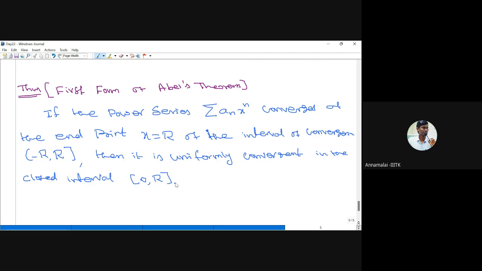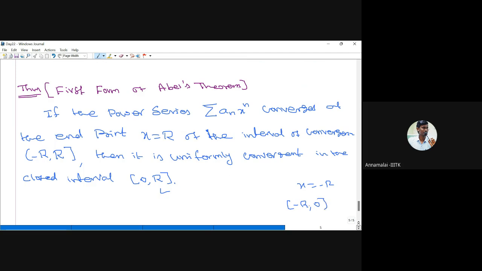Suppose it converges at the left endpoint x equal to minus r, or both endpoints. In this case, the series is uniformly convergent on the closed interval minus r comma 0, or the entire interval. Okay, if it converges at the left endpoint, the right endpoint, this is uniform convergence. Suppose it converges at x equal to minus r, then it is uniformly convergent on the closed interval minus r to 0.